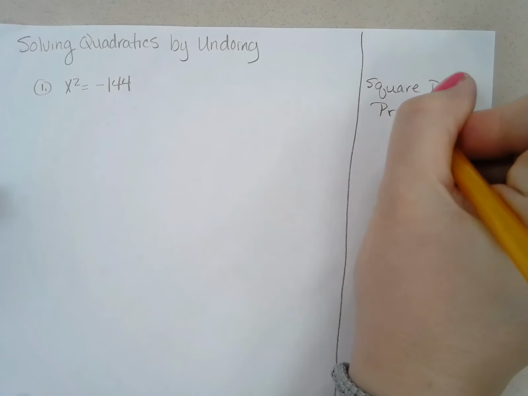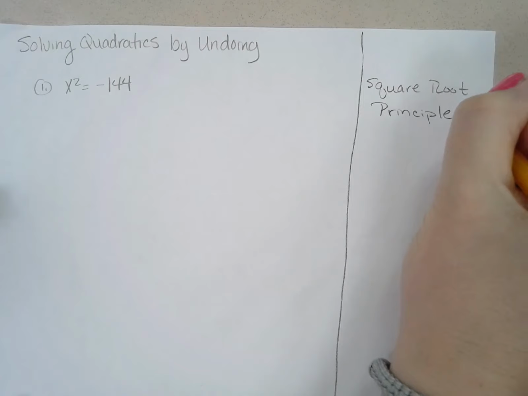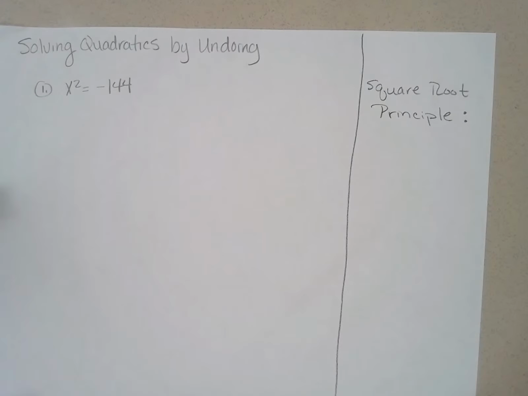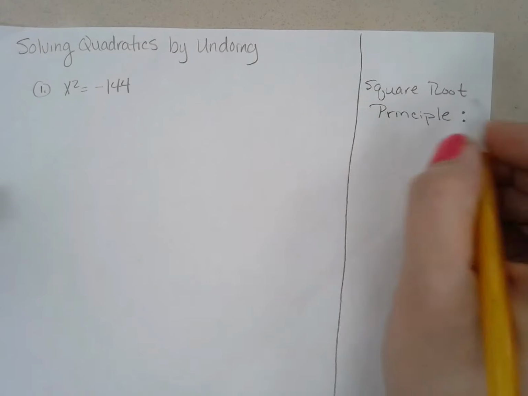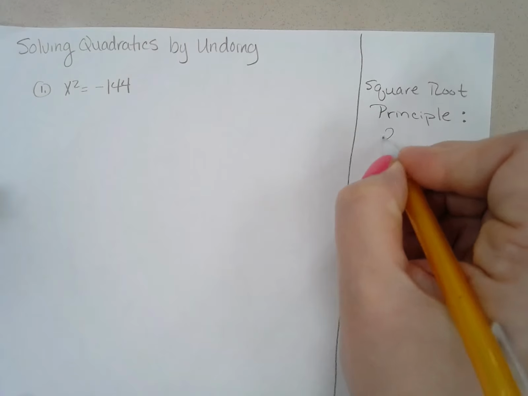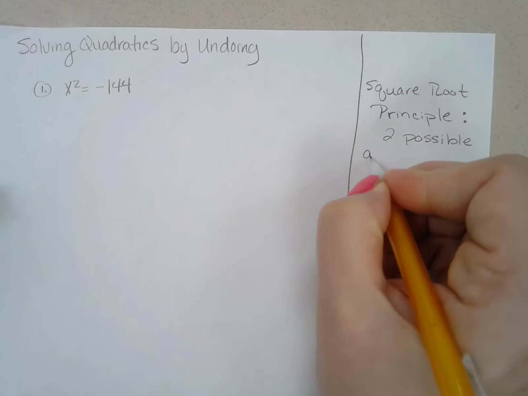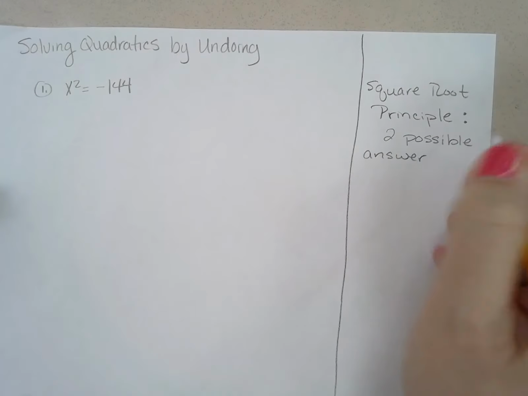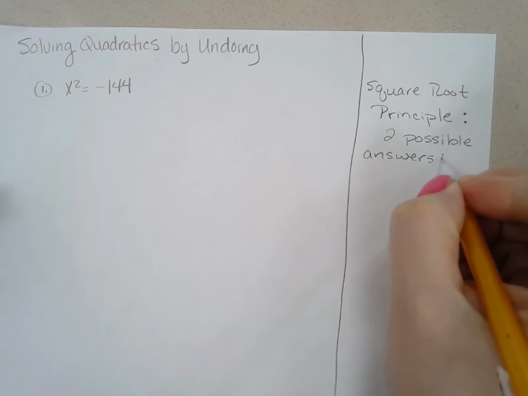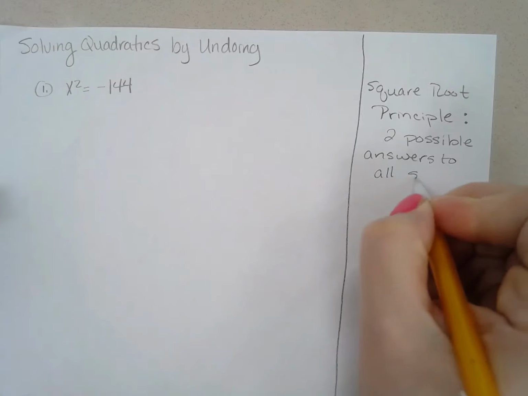You've used the square root principle to an extent. You've solved Pythagorean theorem problems. But when you solve Pythagorean theorem problems, you can't ever use the other half. So the square root principle says that there are 2 possible answers to all square roots.